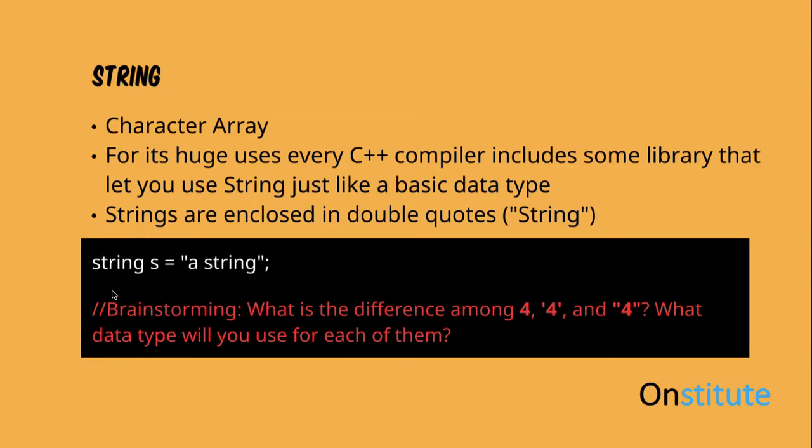String denotes a full text. So at this point, it will be very good if you can do this brainstorming. Can you describe the differences between 4 inside single quotes and 4 inside double quotes? What data type will you use for each of them?